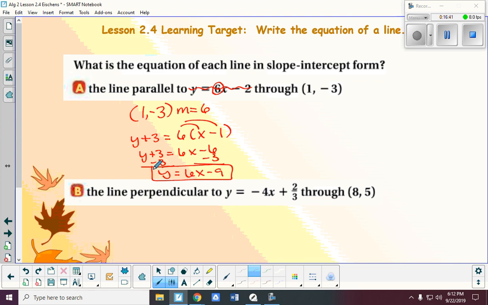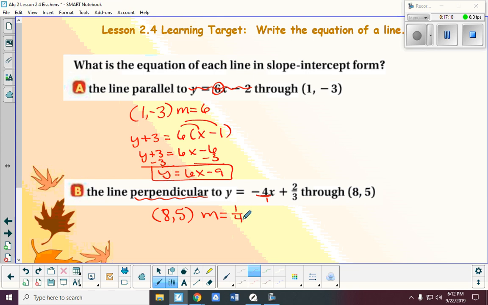The next problem, we want to write the equation of the line that is perpendicular to y equals negative 4x plus 2/3 that goes through the point 8, 5. So we have a line that's going through 8, 5, and it's perpendicular to this other line. Well, this line has a slope of negative 4, so a line that's perpendicular would be the opposite sign, so it's positive. And then the reciprocal of 4, which is 4/1, is 1/4.